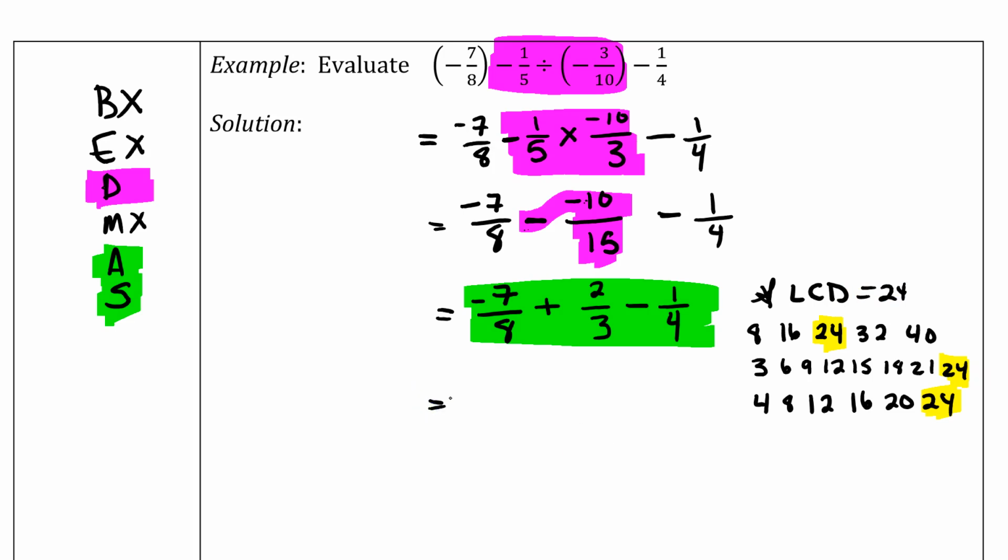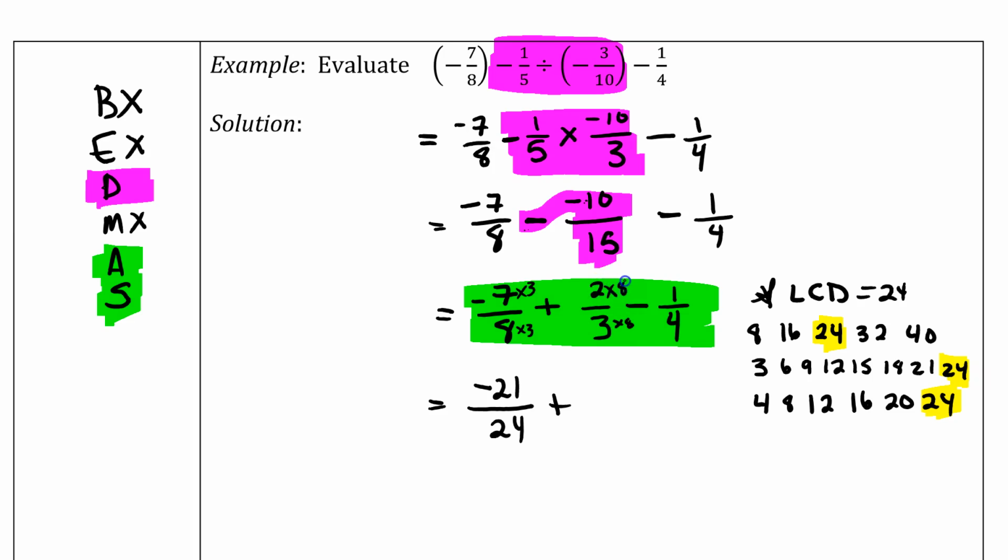So what do I need to multiply this 8 by to get 24? Yes, I need to multiply it by 3. So I multiply this by 3, and that means I multiply the numerator by 3 as well. So negative 7 times 3 is negative 21 over 24, plus, what do I need to multiply 3 by to get 24? 8.